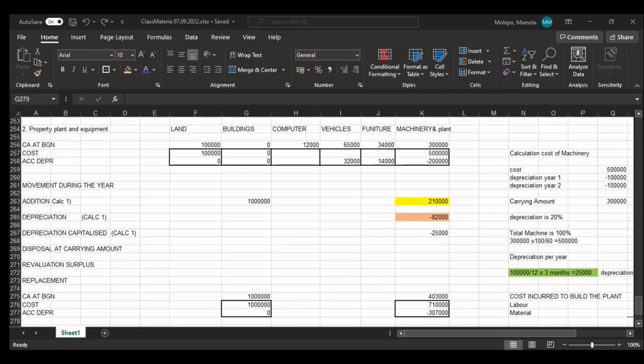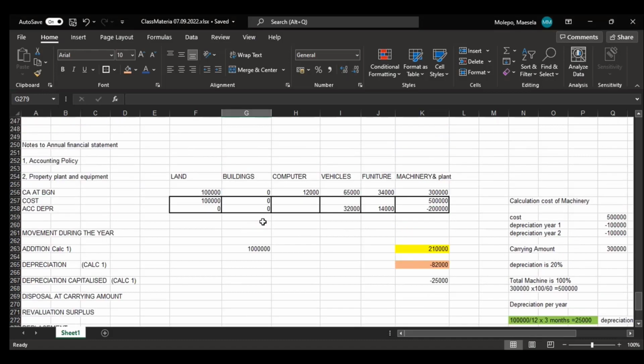Let's go to furniture. The furniture and equipment with a cost price of 10,000 and accumulated depreciation of 6,000 at 28 February 98 was sold. Our financial year is for 99, right?